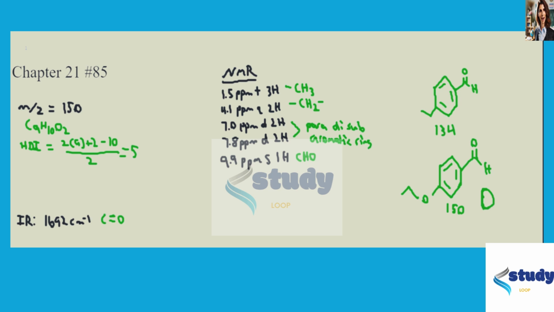We pieced the molecule together and then noticed that it only adds up to 134. So we know we have to be short in oxygen. We plug that other oxygen in, the only place that it fits that will keep the splitting patterns of signals 1 and 2 how they need to be. And that's the answer to chapter 21, problem number 85.